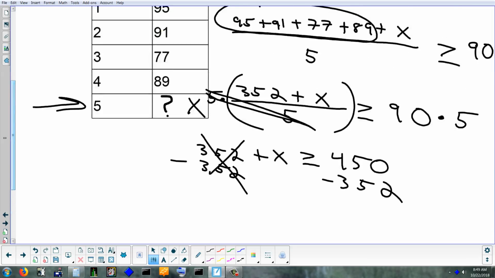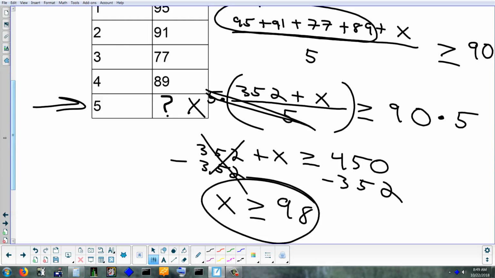Do I need to flip my sign? No. So that means my score in the 5th round has to be greater than or equal to 450 minus 352. Yep. I got 98.